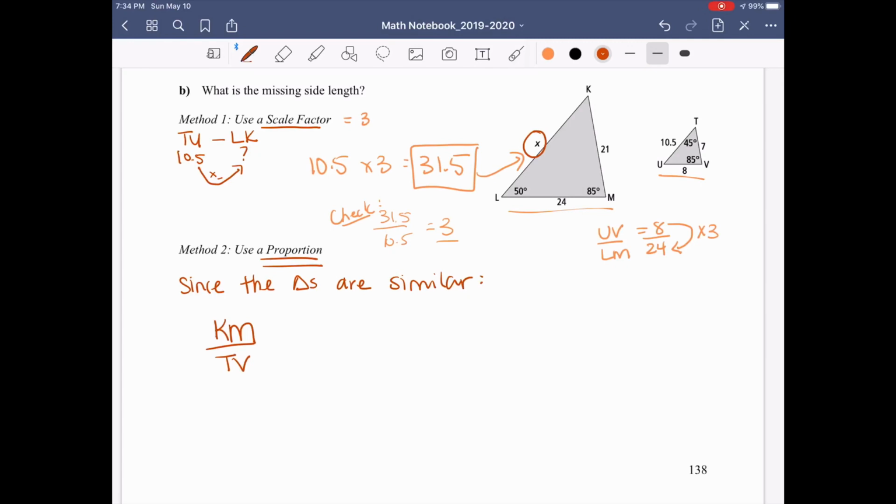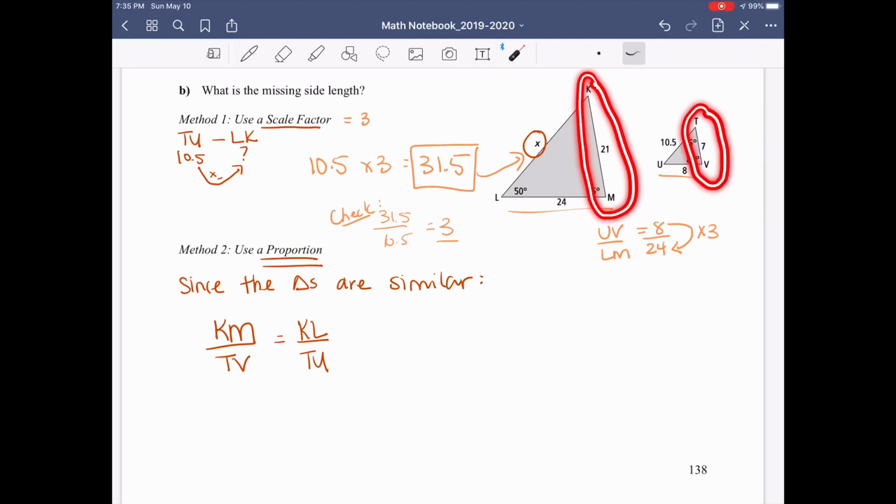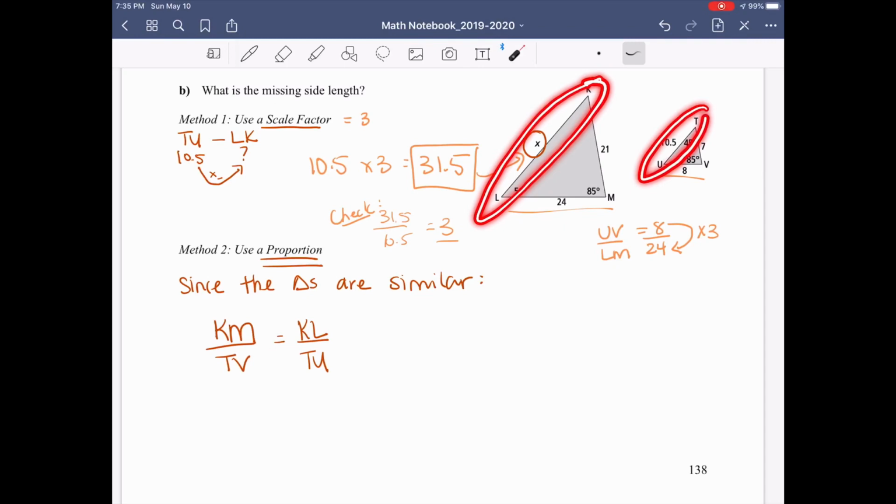And when we want to find the ratio of those, we know that has to be equal to the other ratio of corresponding sides, which would be KL over TU. So side KM over TV has to be the same ratio as side KL over TU. They have to be equal in order for them to be similar triangles, which we already determined that they were.